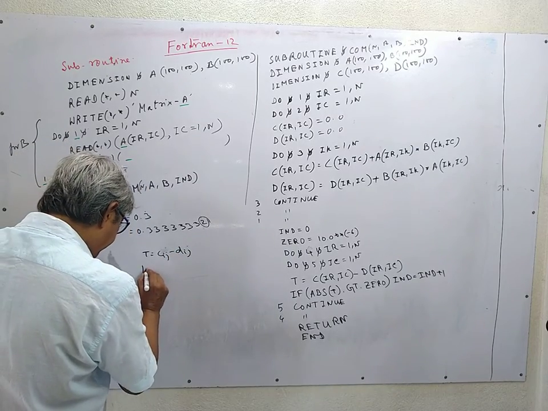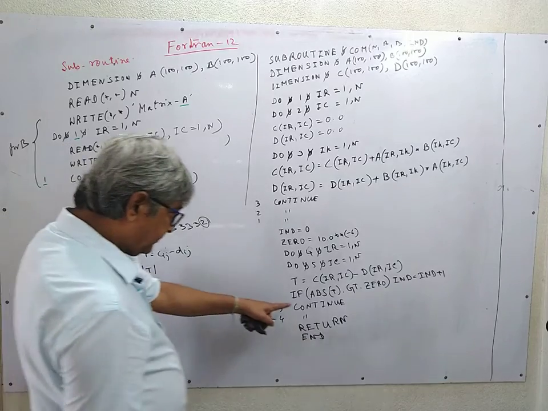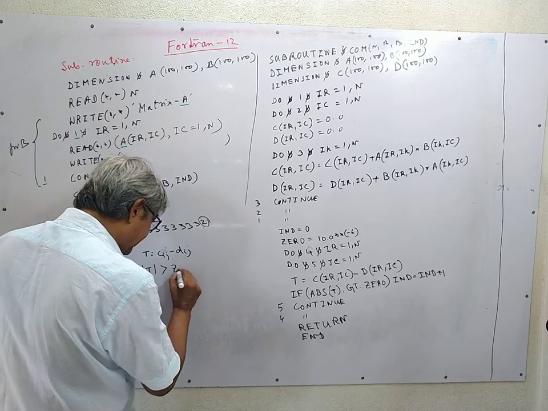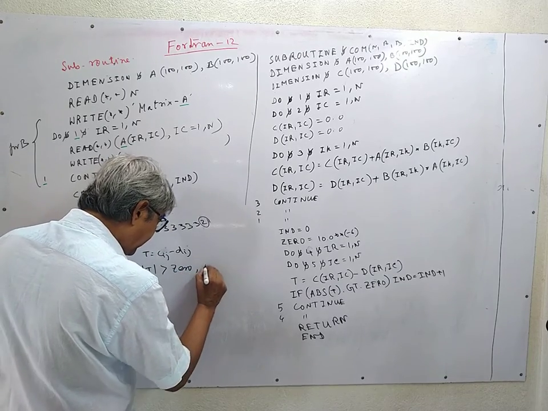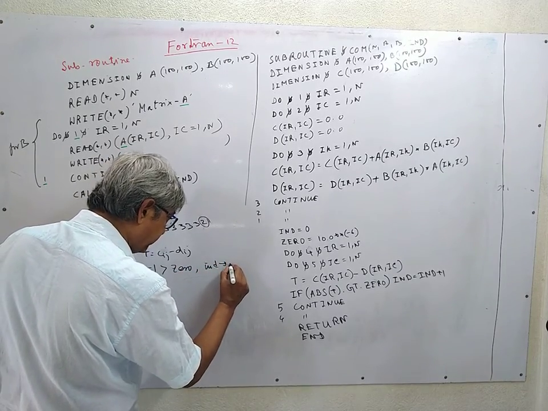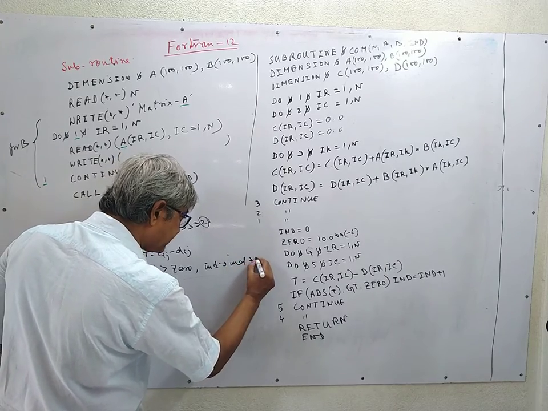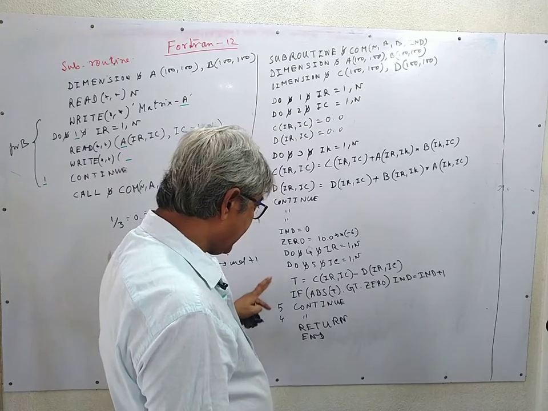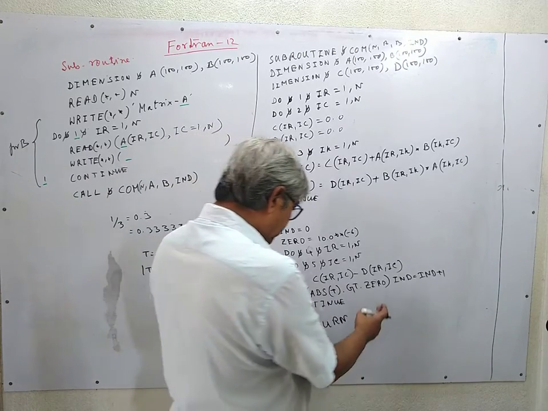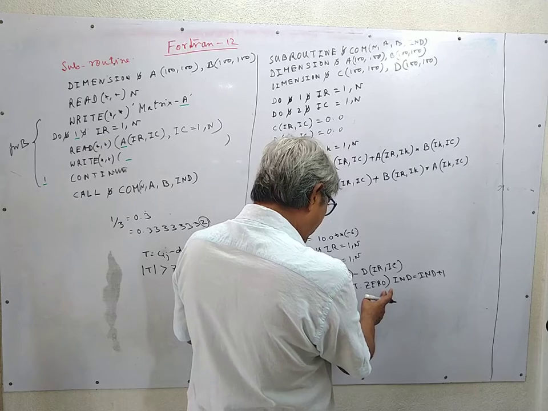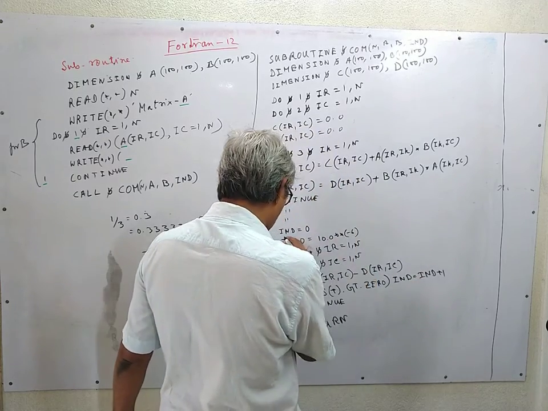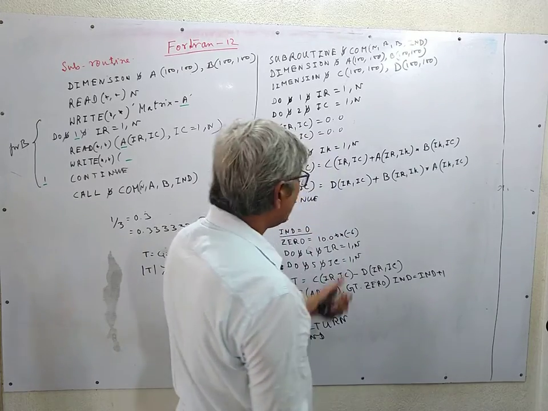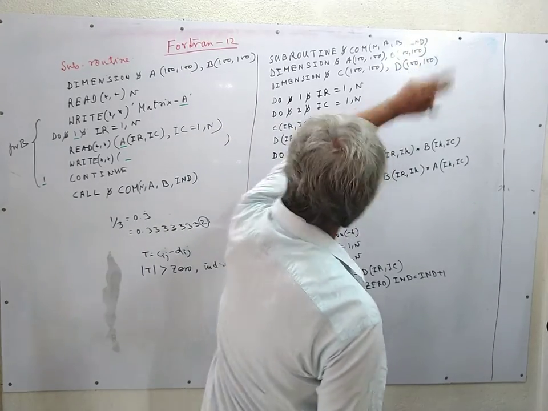Then we calculate the absolute value of T. If the absolute value of T is greater than our defined 0, then index is redefined as index plus 1. If the two matrices A and B commute, this condition will never be satisfied and index will remain 0 as we have defined here. It is an integer quantity. So the function returns index.